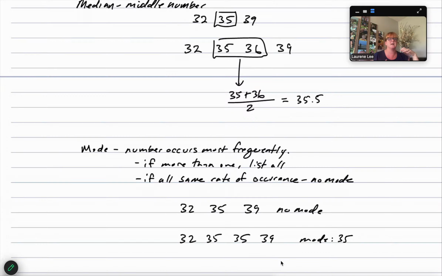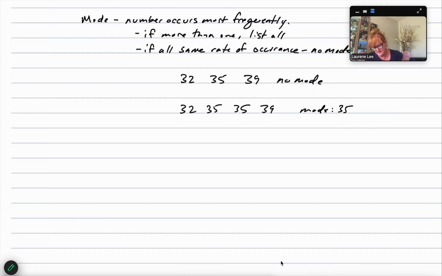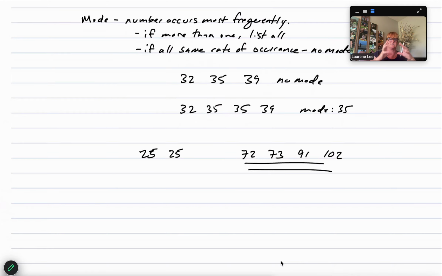So, for example, I could have a data set like 25, 25, and then I'm up here at like 72, 73, 91, 102, right? Most of the data is way up here, and so the middle of the data would make more sense being there, but your mode's going to be 25, which is way off of the middle. So in this situation, the mode is not a good measure. Sometimes the most frequently occurring number does happen to be in the middle, and then that works.